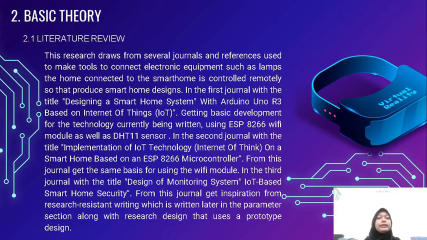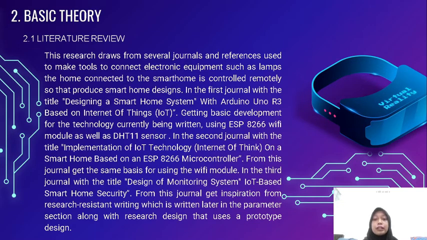Chapter 2, Basic Theory. Subchapter Literature Review. This research draws on several journals and reports on connecting electronic equipment such as home alarms to the smart home, controlled remotely, so they produce smart home designs.